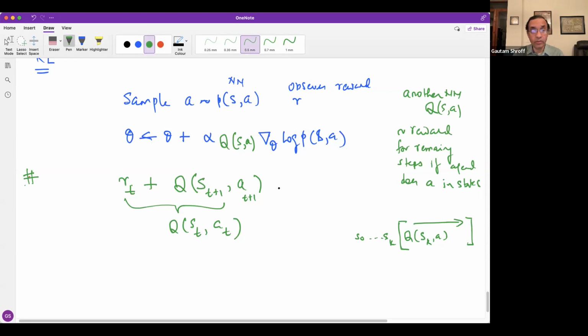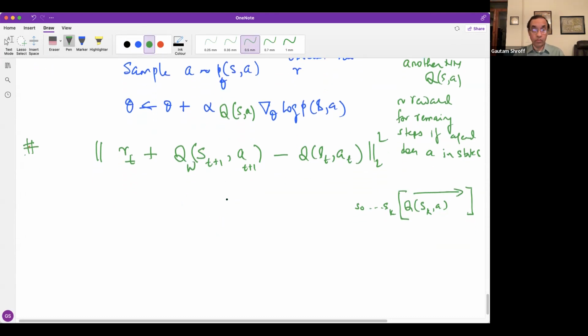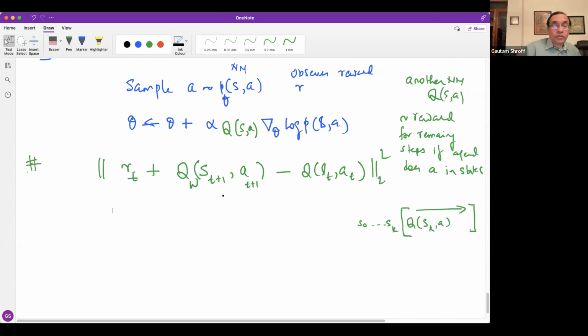And so therefore what you do is train this neural network to minimize the difference between this and Q(s_t, a_t). This neural network has parameters theta, and this neural network might have parameters w, right? So this is what you do.